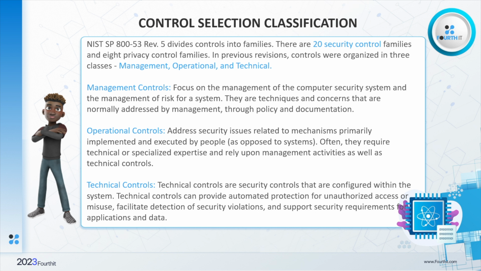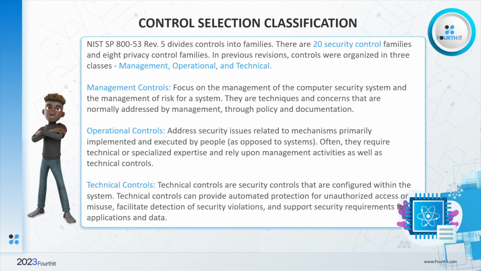Now, let's move to the next one. Operational controls. Now, when we talk about operational controls, what comes to mind? Whenever we are talking about operational controls, we are talking about how do we address issues that are related to the mechanisms primarily implemented and executed by the people. And so operational controls are the practices and actions that we have put in place to ensure that the day-to-day implementation of security measures are actually being achieved.